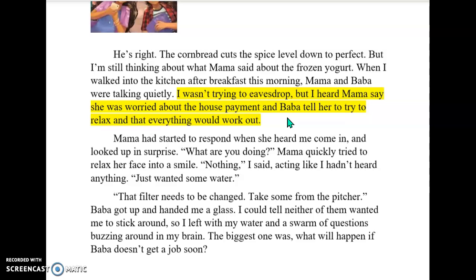That is the type of language that is being used here, and the type of mood that it sets, not only for us, the readers, but also for Jamila herself finding this out. And so later, it says, Mama had started to respond when she heard me come in.